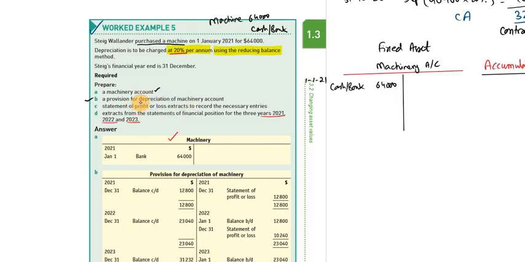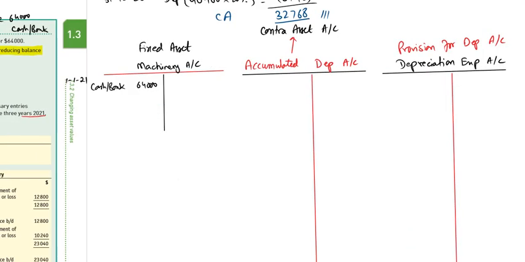It is not required that you prepare the accumulated depreciation account. Normally we make three types of account: number one is the fixed asset machinery account, and this is the requirement number B, provision for depreciation account. But usually I also teach you how to prepare the accumulated depreciation account too.